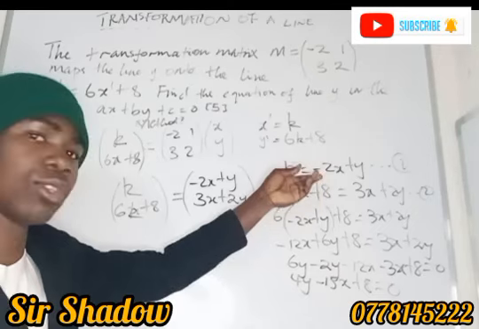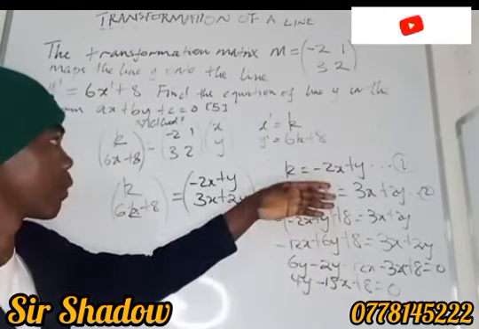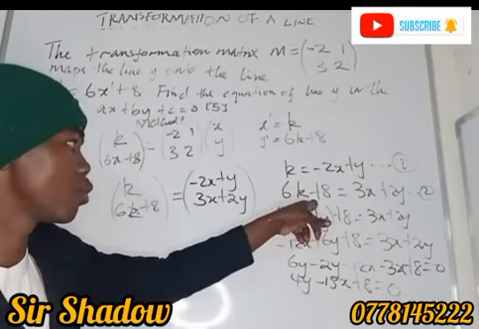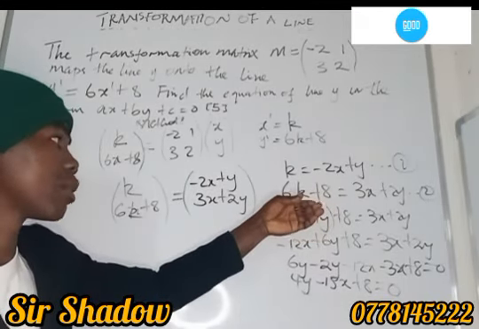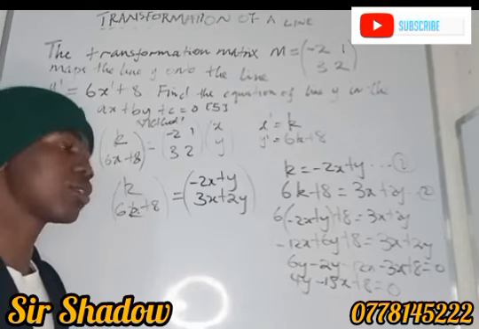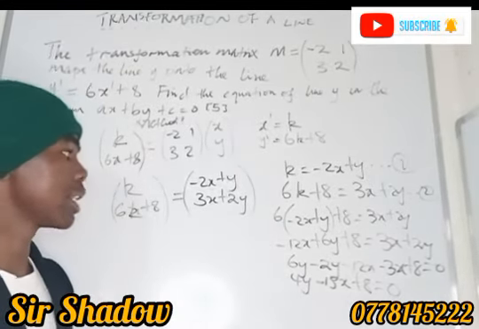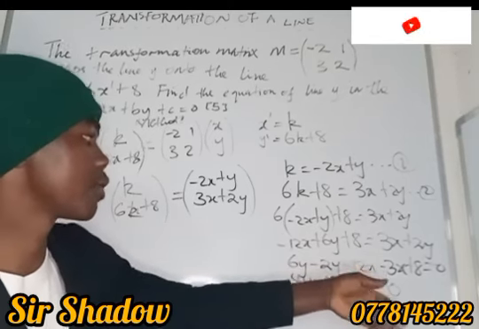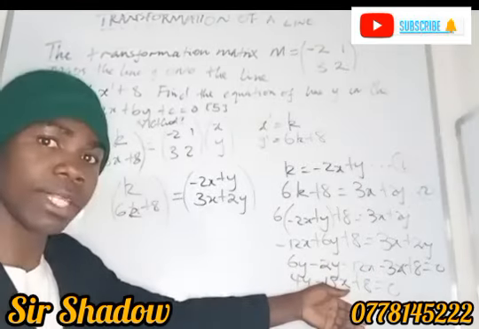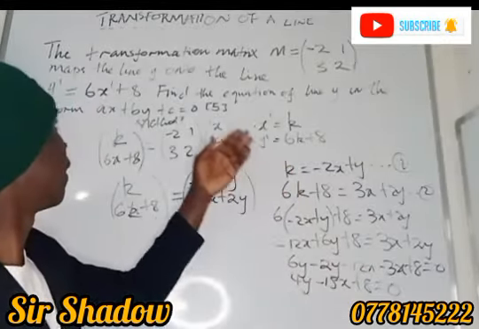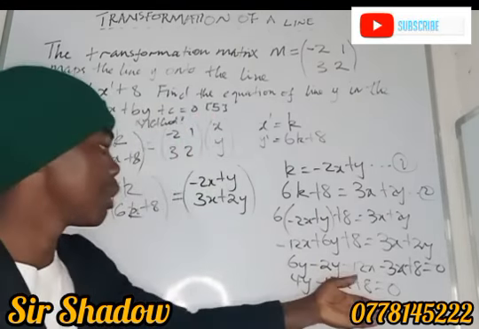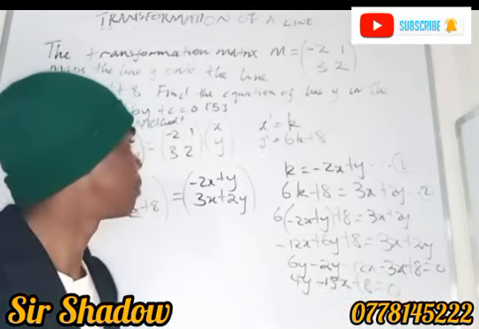If k is not already the subject, you have to make it, then substitute it into equation number 2, or make k in equation number 2 and substitute into equation number 1, as you did in solving simultaneous equations. After this, you simplify, then leave your answer in the form ax plus by plus c is equal to 0, then you obtain 5 marks from there.